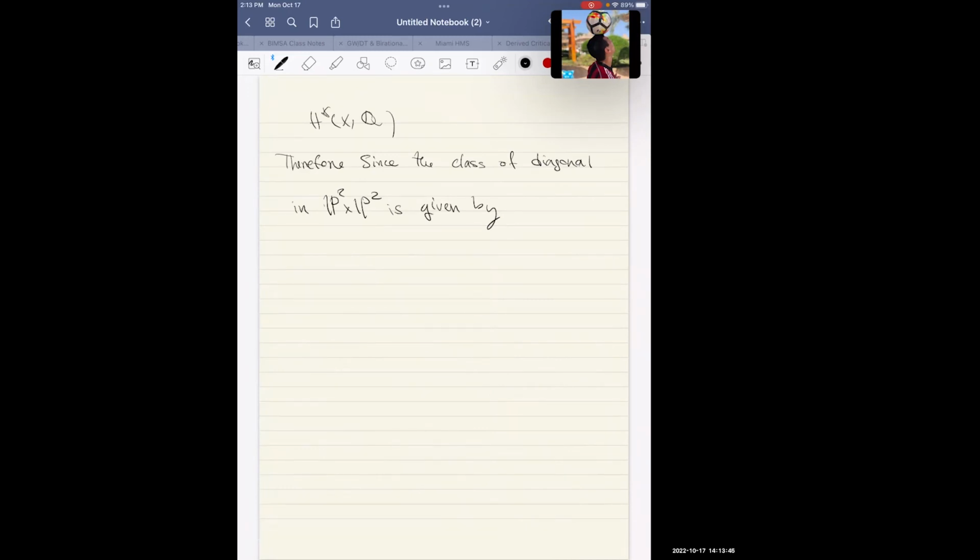So this diagonal class, I'm going to call it delta, is going to be given by point class times the class of P2, plus line class times line class, plus class of P2 times point class.